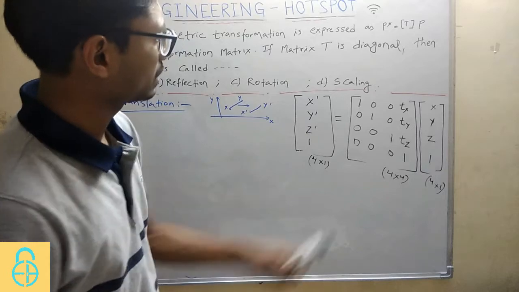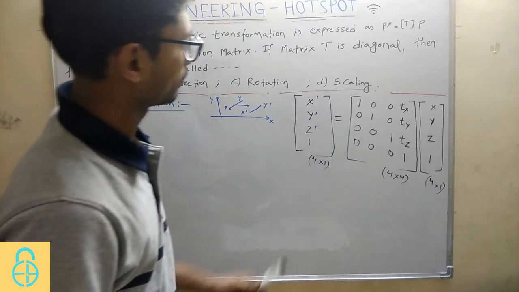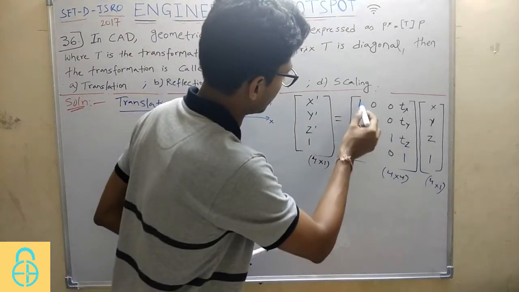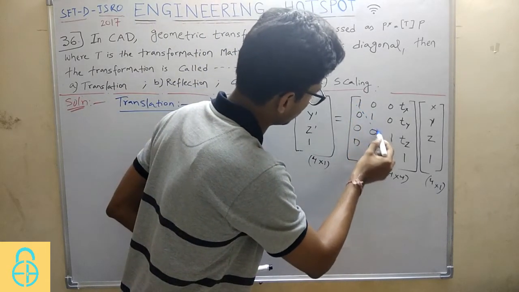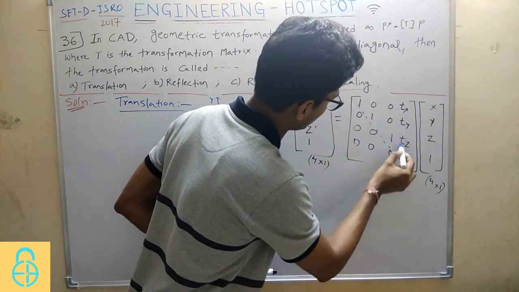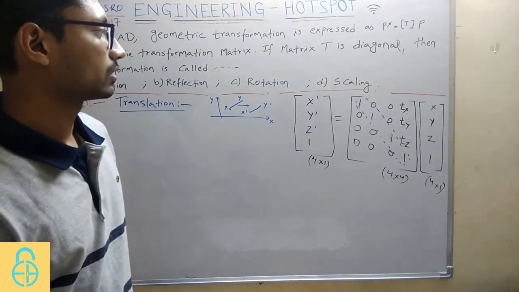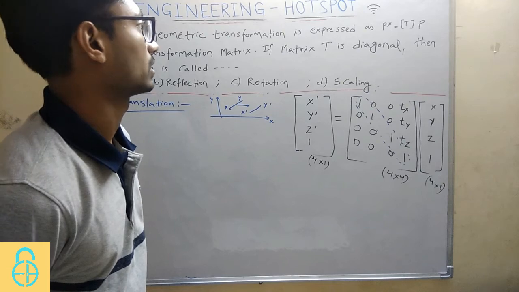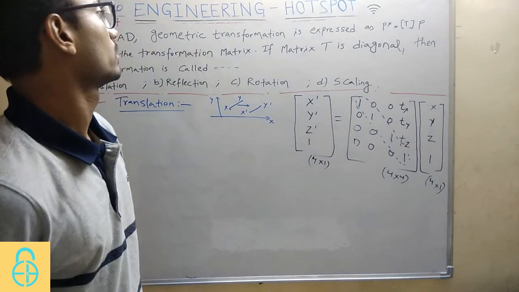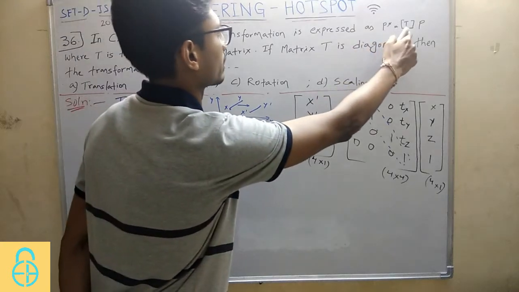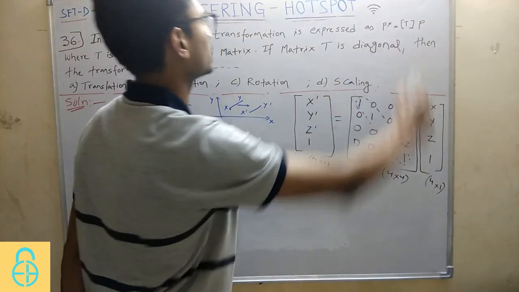If you look at this matrix, you will see these are called diagonal elements. But this is not a diagonal matrix. They have said that T is the diagonal matrix.